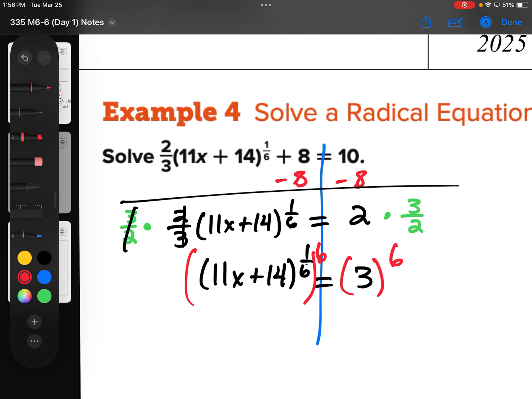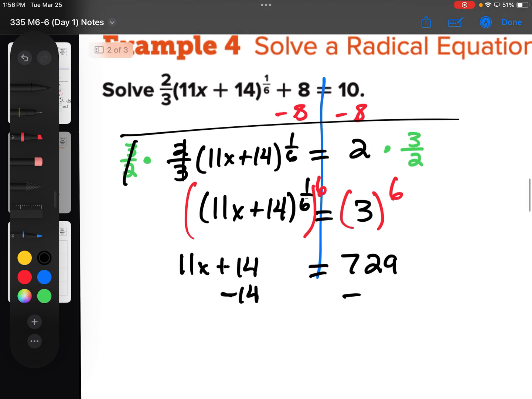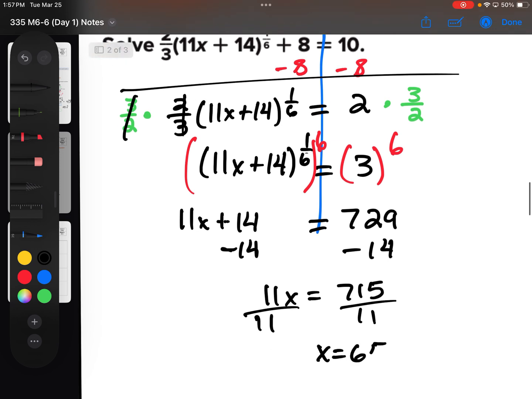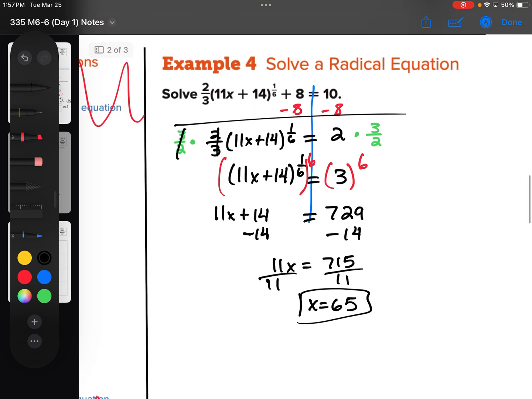You raise it to the power of 6, okay? 3 to the power of 6 is going to be, what is that? 729. And then finish solving that out. X is going to be equal to 65 for us. And you can plug it in to check. I'm going to tell you it works, just to save you time.